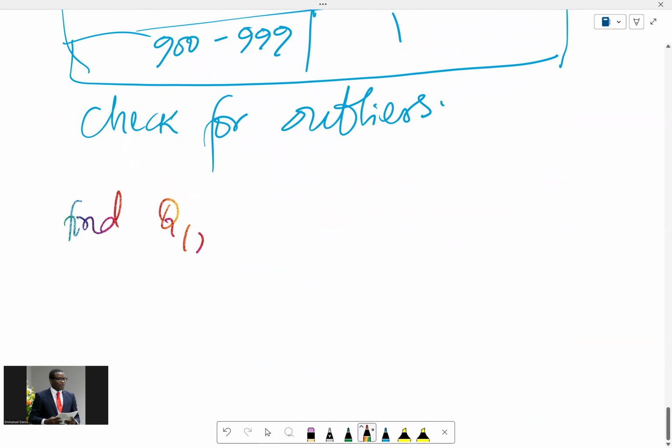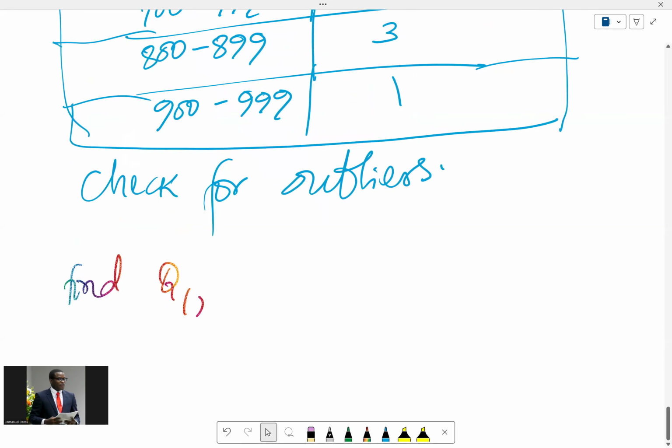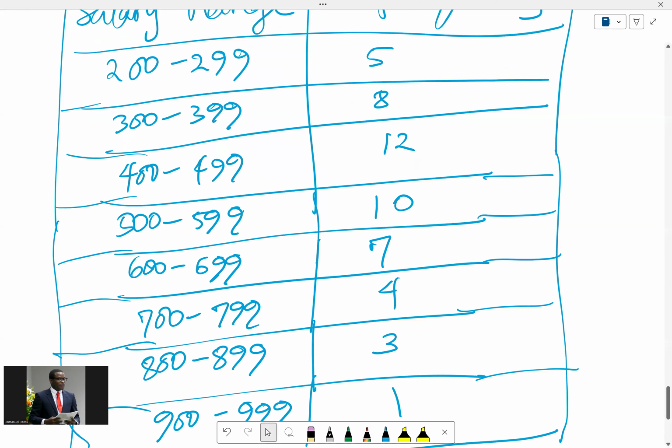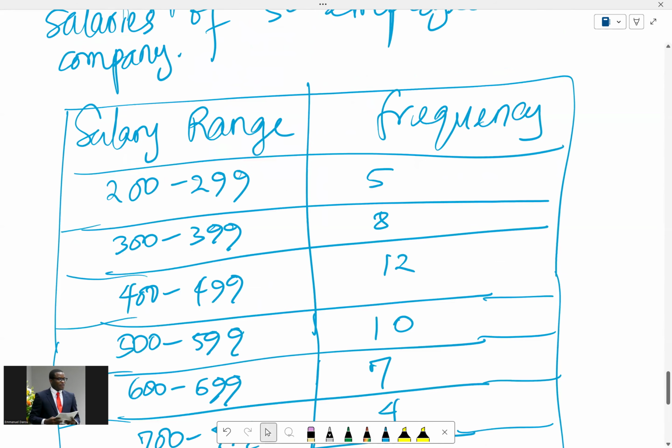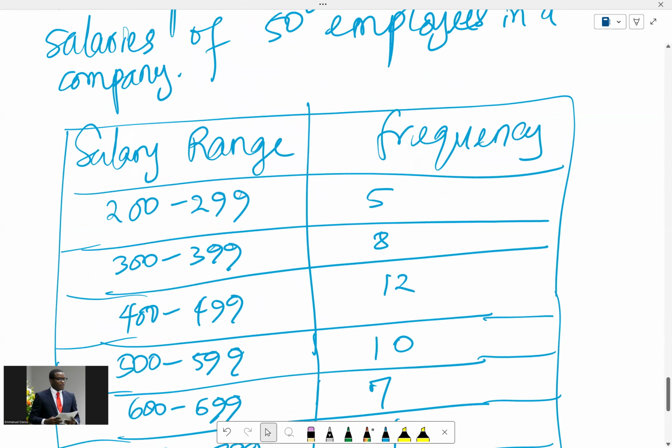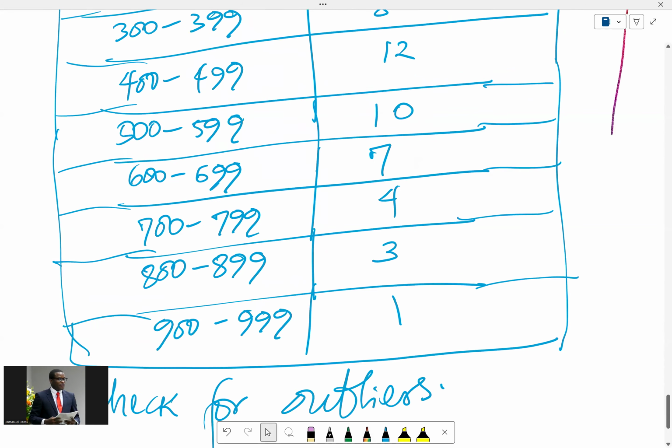Now, for grouped data, the formula is not as straightforward as the other one. So here now, we need to know the number of data points, which is 50, right? That's the total frequency. Okay. In this case, we need the cumulative frequency, which I can just do by the side here, so I don't duplicate the table.